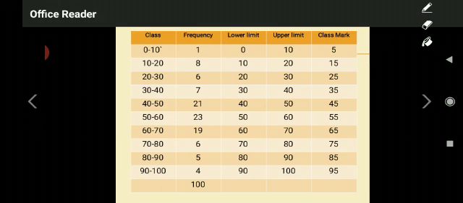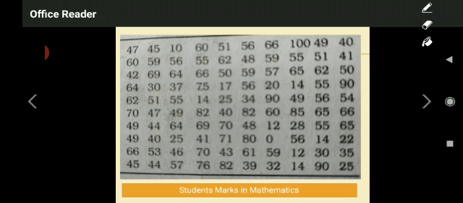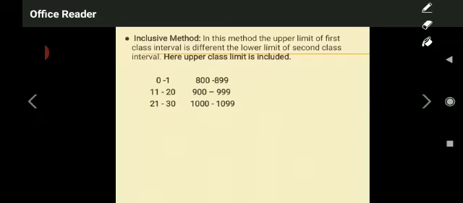If you are taking 0 to 9 observations in the first class limit, 10 appears in the second class limit. Look at the raw data information between 0 to 10. How many students have got marks over here? Okay. Getting my point?